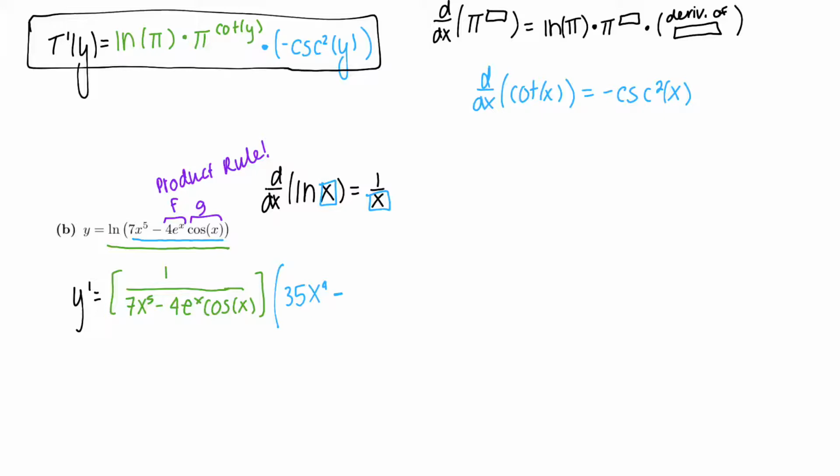This is f, this is g. So f is going to be 4e to the x. F prime is 4e to the x. G is cosine x. G prime is negative sine x.